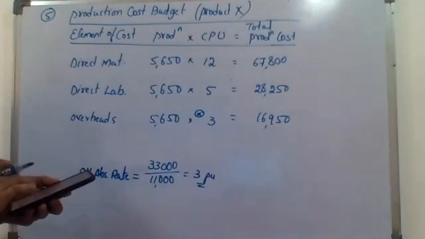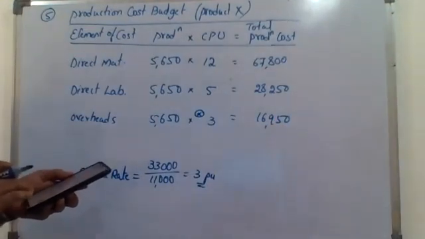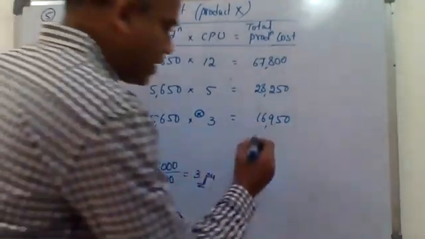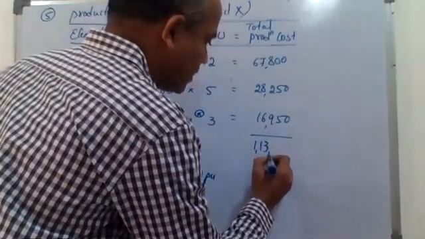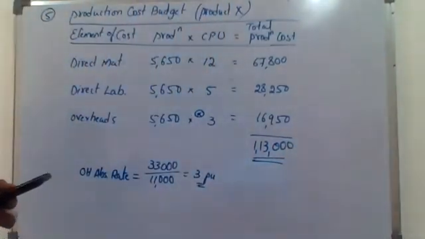If you add these, the total comes to 1,13,000 rupees, which is the total production cost.